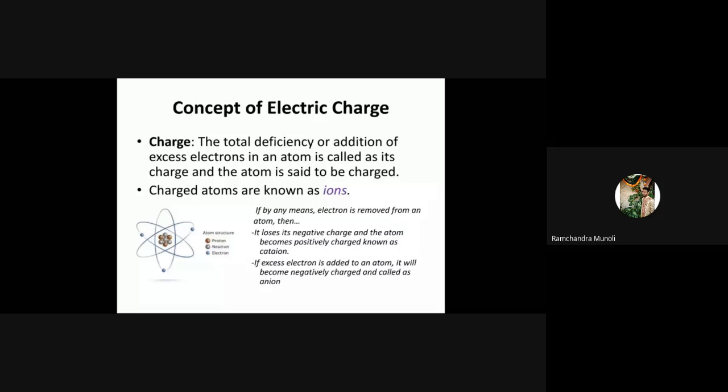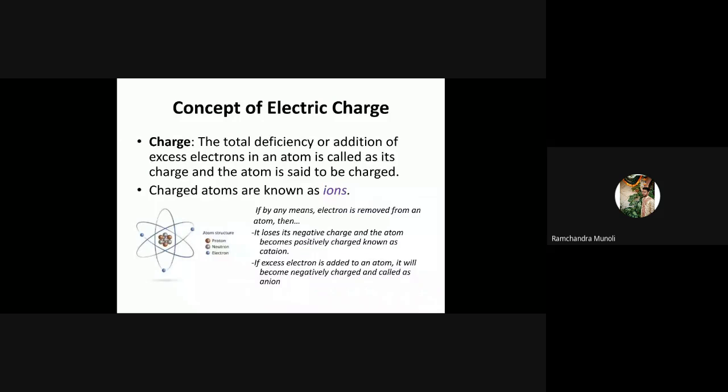So the total deficiency or addition of excess electrons means if an electron is added or if an electron is removed, then that atom gets charged. So addition or removal of electrons, any one of them can cause an atom to get charged.